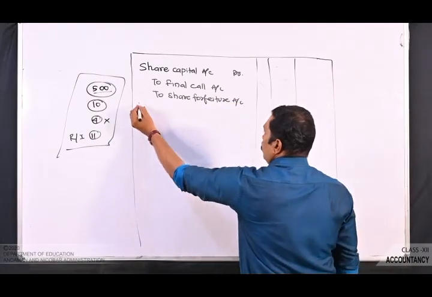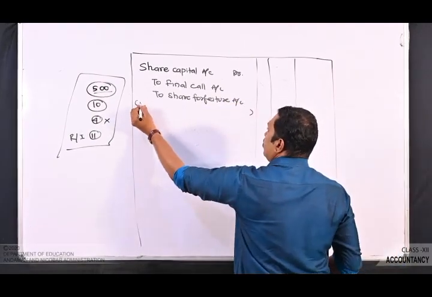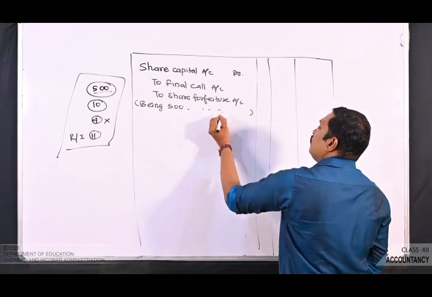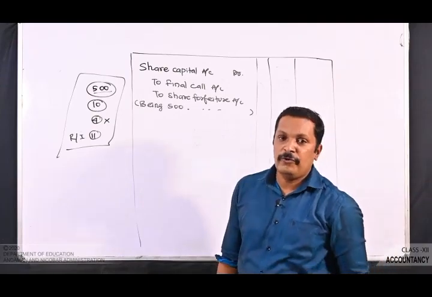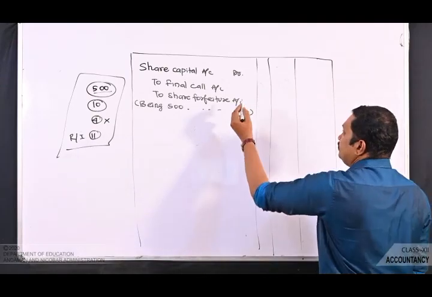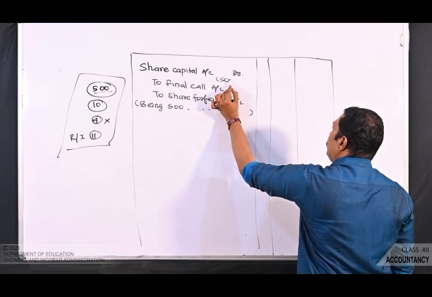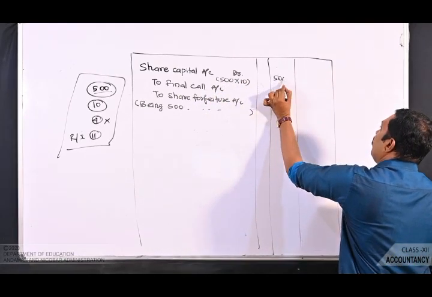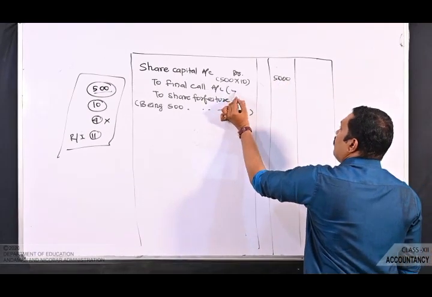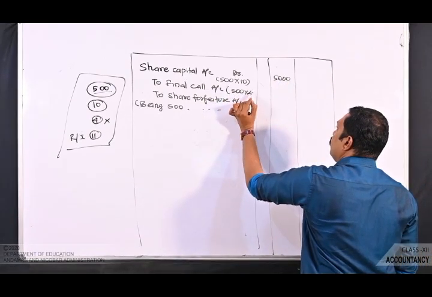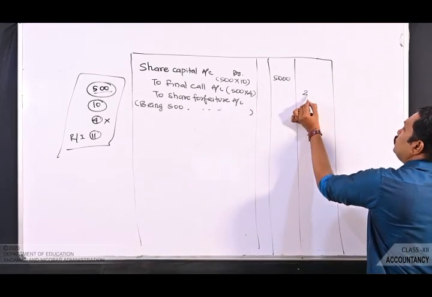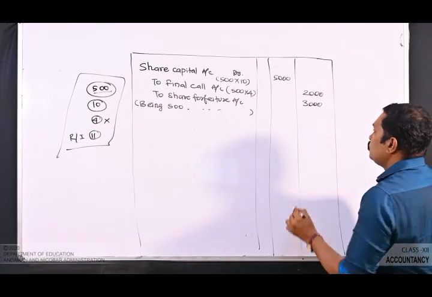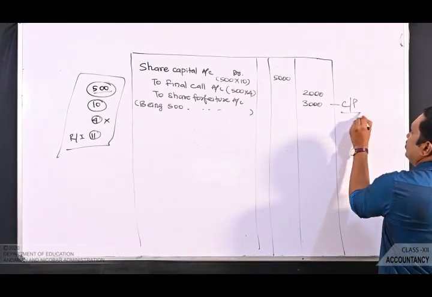Being 500 shares forfeited for non-payment of final call. Write the amount here: 500 into 10, 5,000. Final call 500 into 4, that is unpaid, 2,000, and the balance 3,000 will be in the forfeiture account. So this is capital profit.